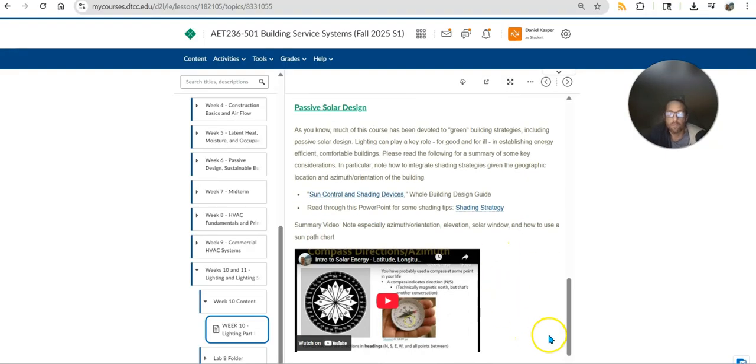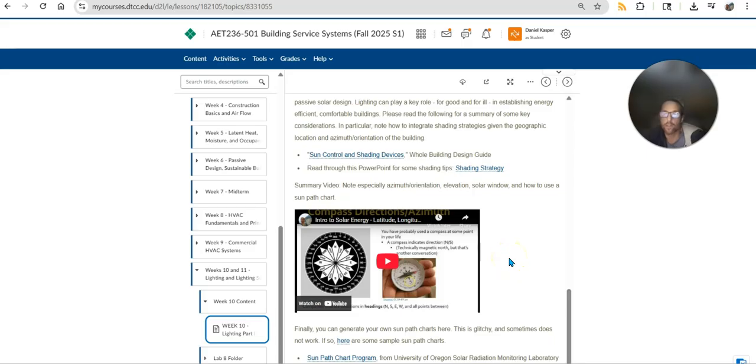And then we'll make some considerations about solar angle, which is really important, something called altitude, sometimes called elevation. And any good designer, architects included, should evaluate the natural light that's available. So we're going to go over these things called sun path charts, which you'll use a little bit in class.